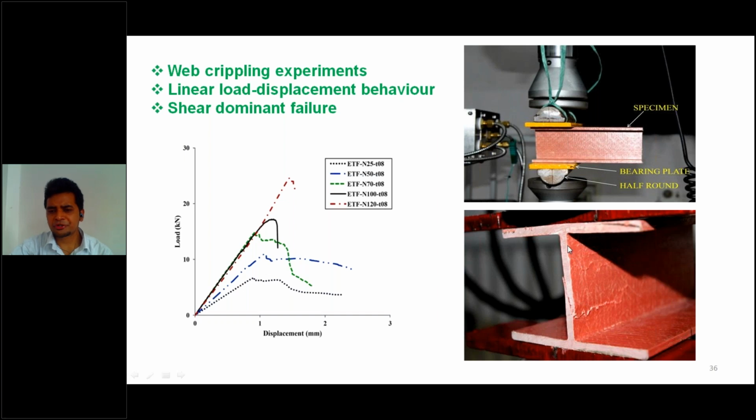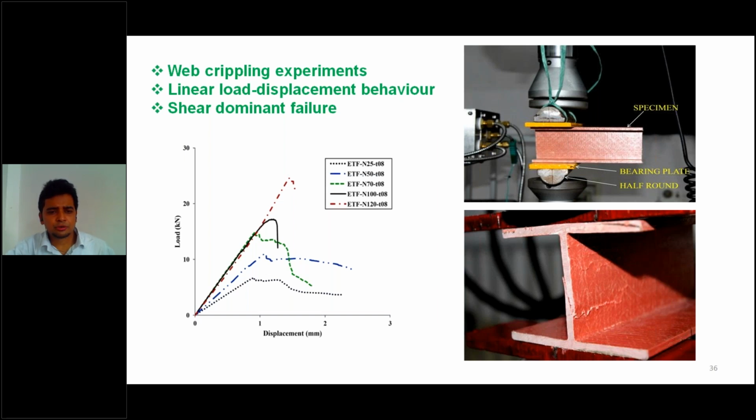Also, under compression, the webs of the FRPs are very susceptible to crippling failure. Crippling failure always occurs when we use these FRPs as beams and they come under transverse, concentrated or bearing loads. So these experiments were carried out, and they were published in the journal I have shown you.